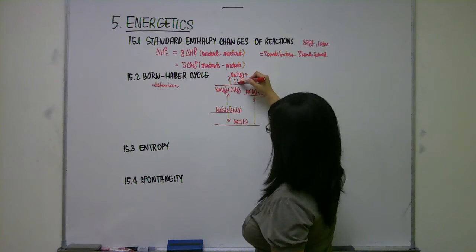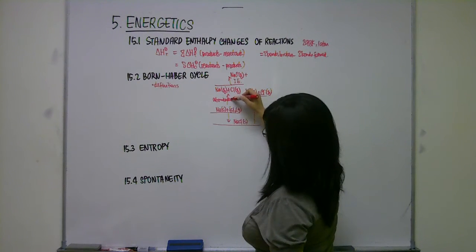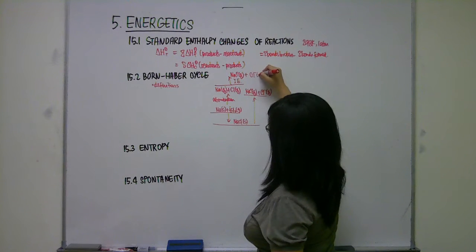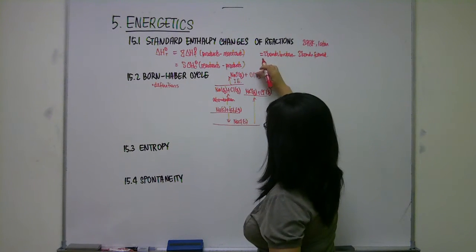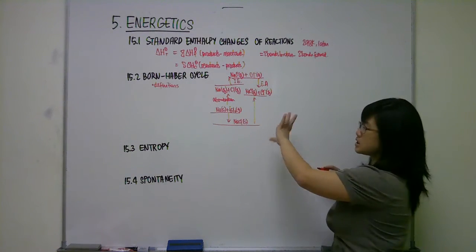This is ionization energy, this is atomization. And then from here you can go down for electron affinity to get this one. So this is a general cycle.